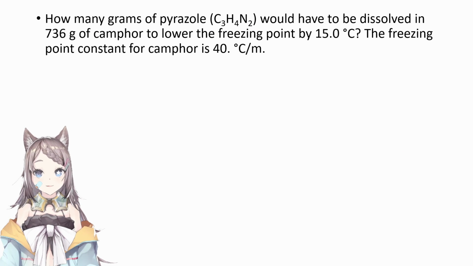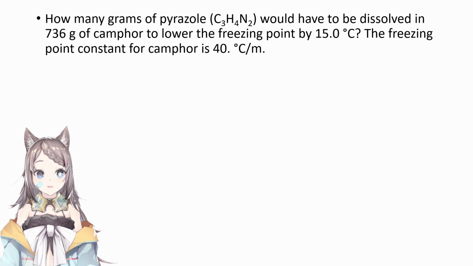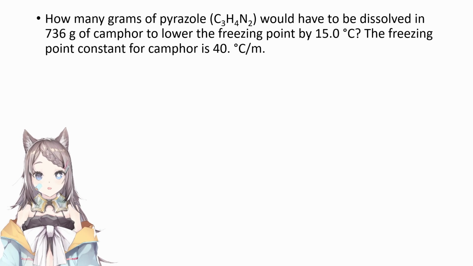Okay, so for our next problem, it is again a problem in freezing point depression. How many grams of pyrazole will have to be dissolved in 736 grams of camphor to lower the freezing point by 15 degrees Celsius? The freezing point constant for camphor is 40 degrees per molal.